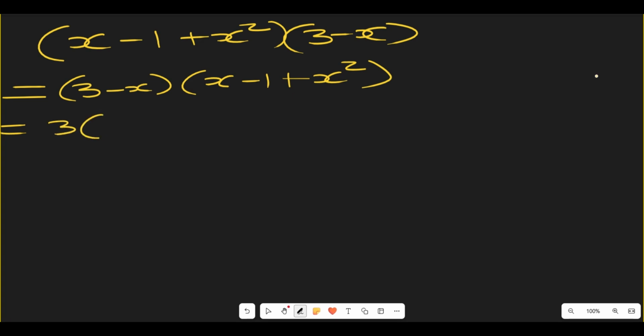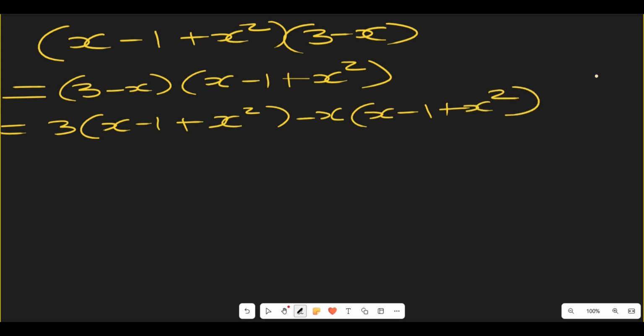So we say 3 open bracket x minus 1 plus x squared, and then it has to be minus here, minus x, which is the second term, and say minus x, then you say x minus 1 plus x squared.